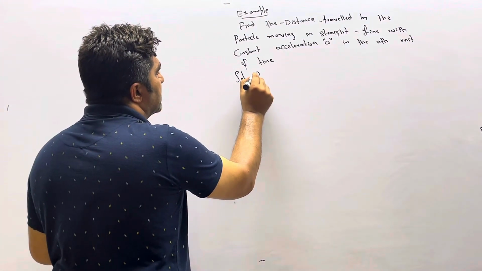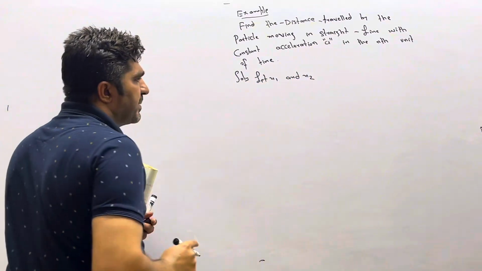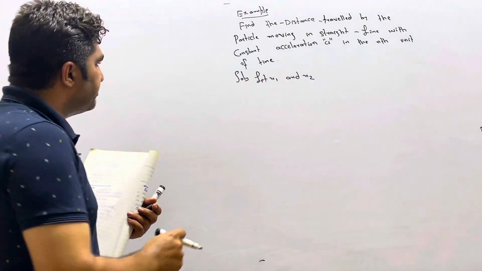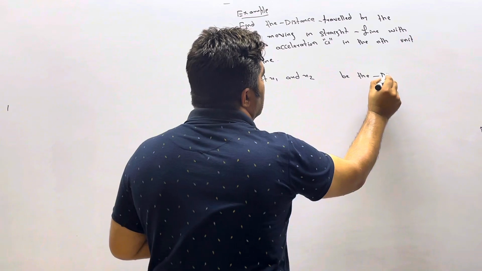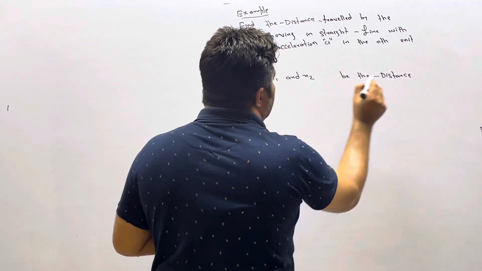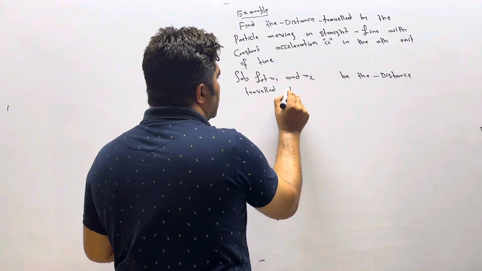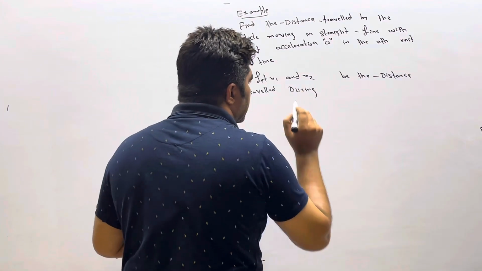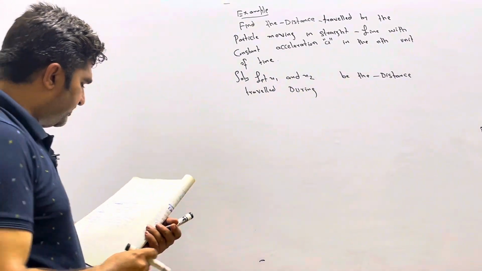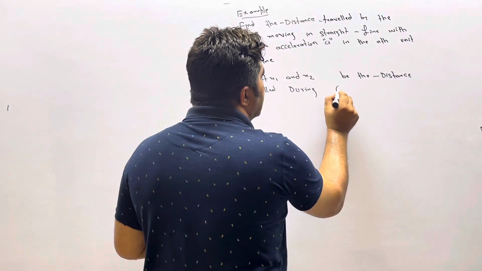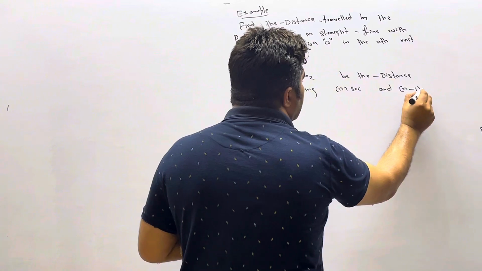Let x1 and x2 be the distance traveled during n seconds and n minus 1 seconds respectively.